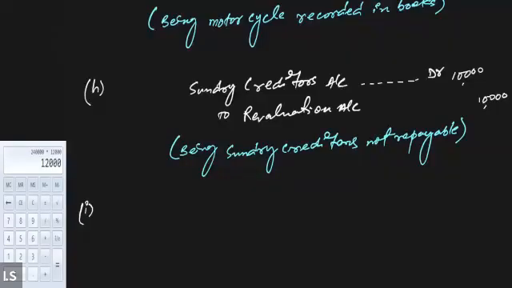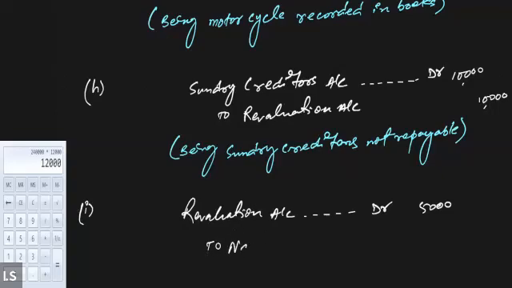Right, so I'll write down the general entry. Since it is a loss from the firm's point of view, it is going to reduce the amount of profit. So I'll write down: revaluation account debit. Revaluation account will be debited by 5,000 to, tell me, Neville's capital account. Neville's capital.